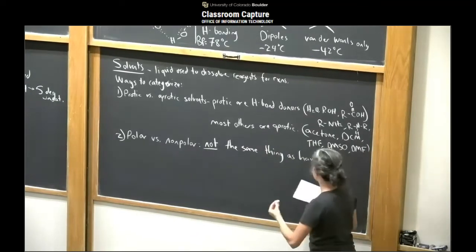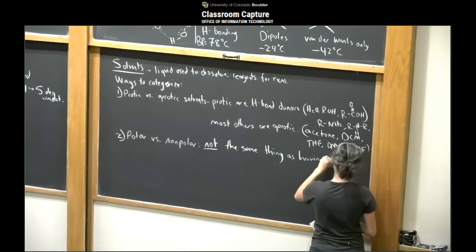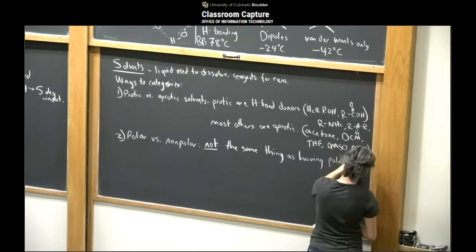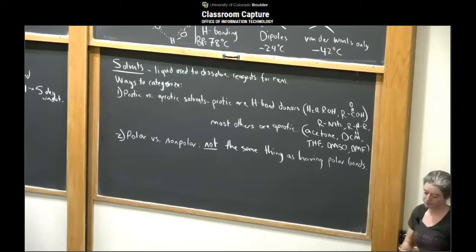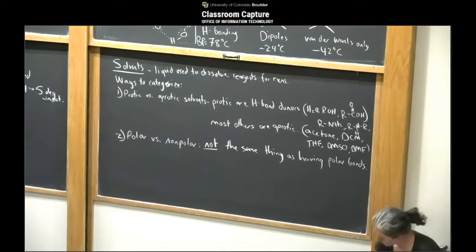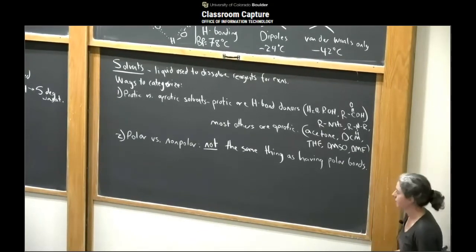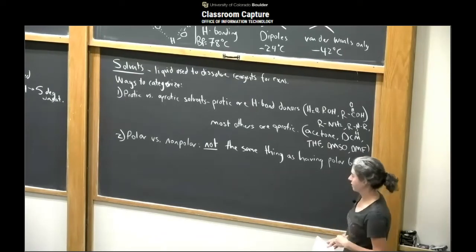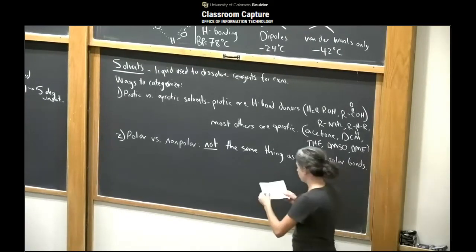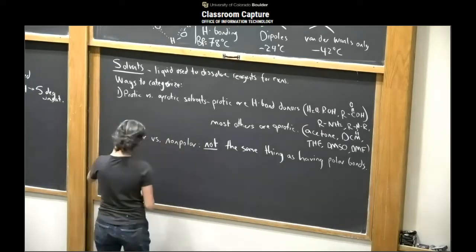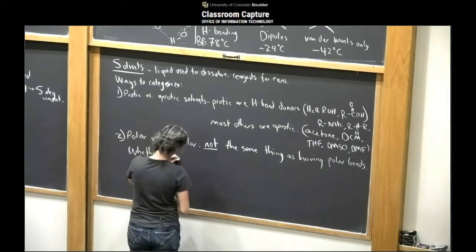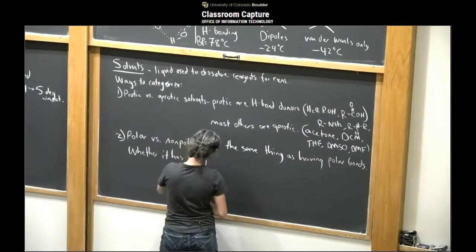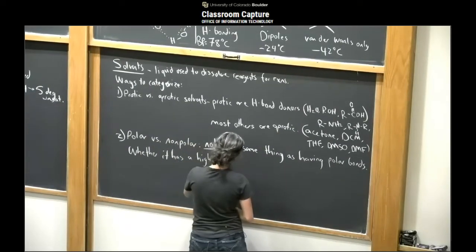It's not the same thing as having polar bonds. What this means when we're looking at bulk properties of a solvent is something more to do with electrical behavior in the bulk. So this covers whether it has a high dielectric constant or not.